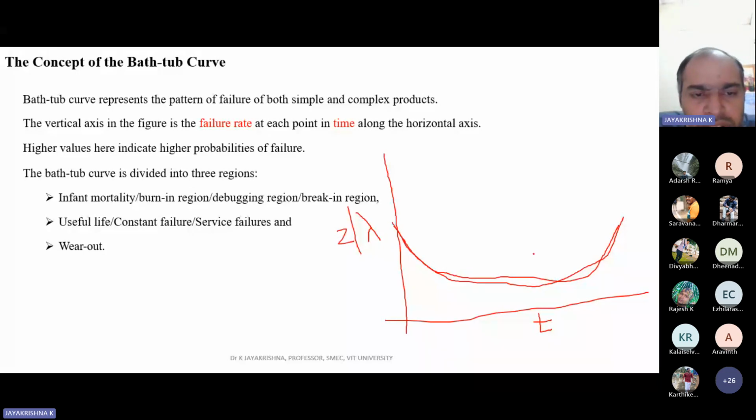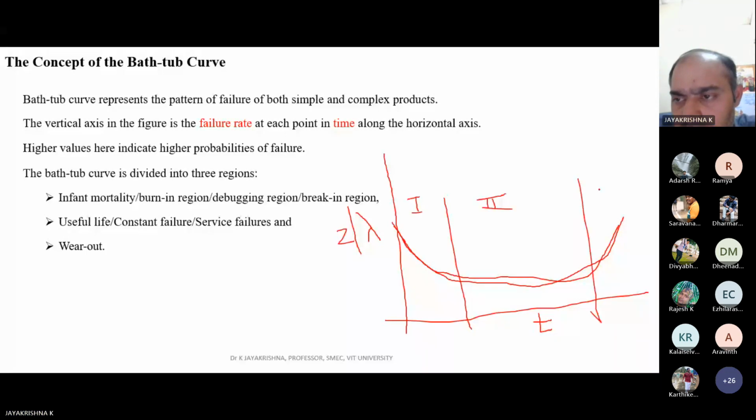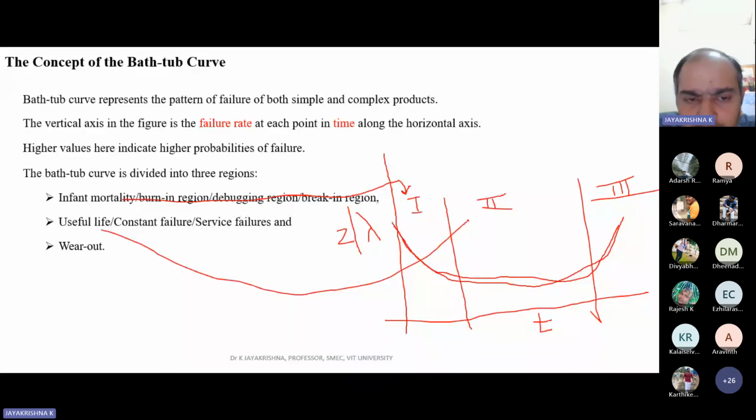Here we are going to have three stages: first stage, second stage, and third stage. The first stage is called the infant mortality, burn-in region, debugging region, or break-in region. The second is called the useful life, constant failure, or service failures stage.